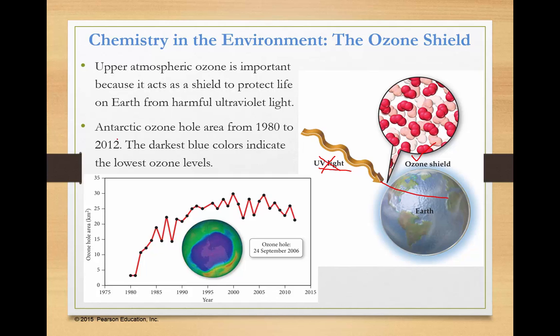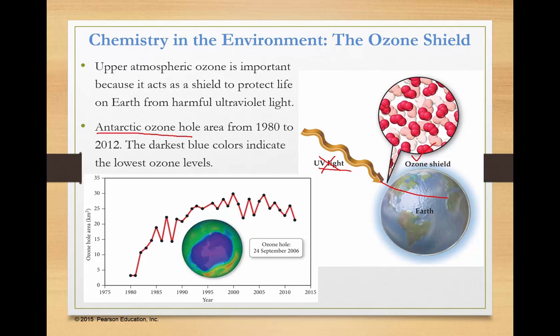And so most of the CFCs and the other things, and the CFCs aren't the only ones. There's a lot of things that will destroy ozone, but CFCs are the biggest one. Got concentrated over the South Pole, over the Antarctic. So there's an Antarctic ozone hole that we first started noticing in the late 70s, early 80s.